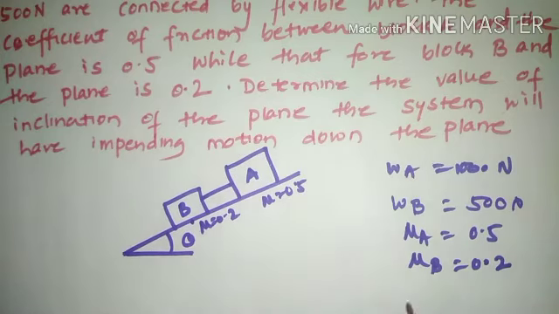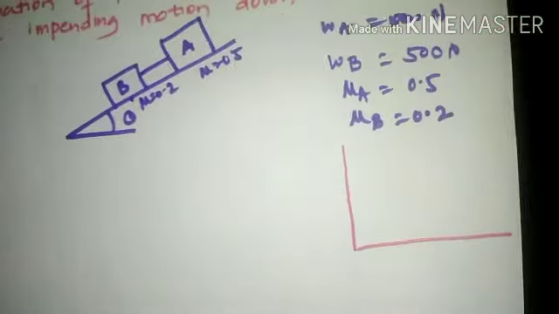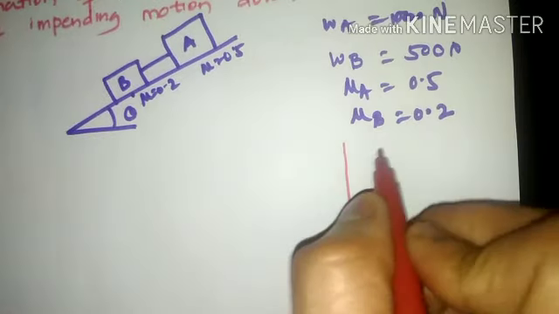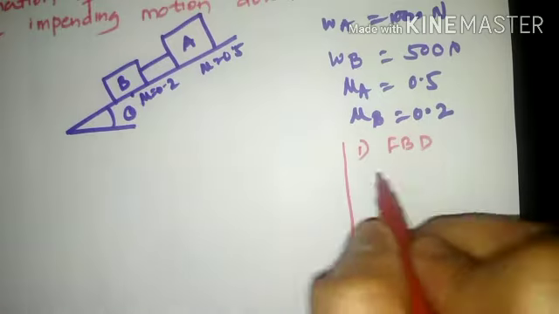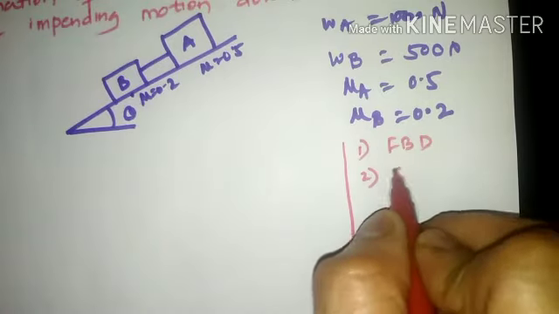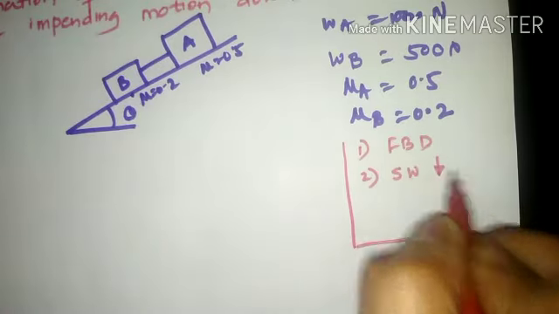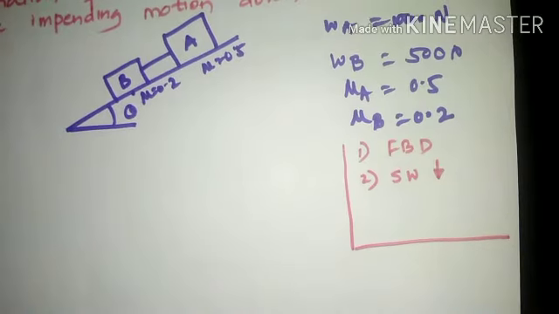So to start with the solution, we need to follow a few rules and protocols. First, we need to draw the free body diagram. Next, we need to ensure that the self weight is always vertically downward, irrespective of whatever the plane may be.